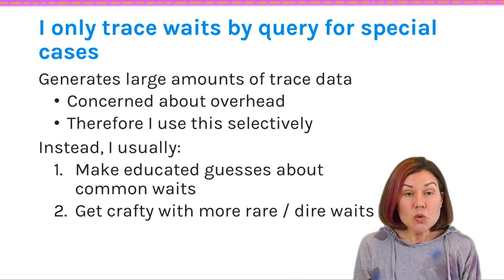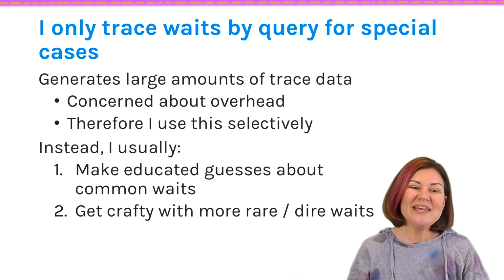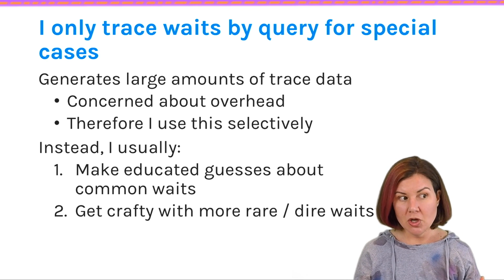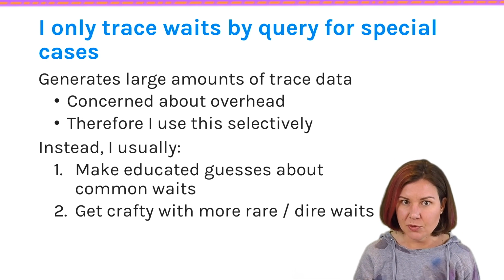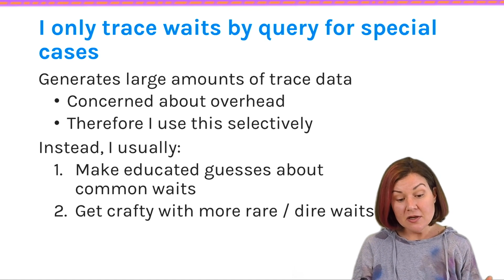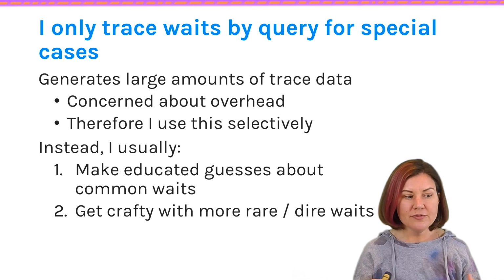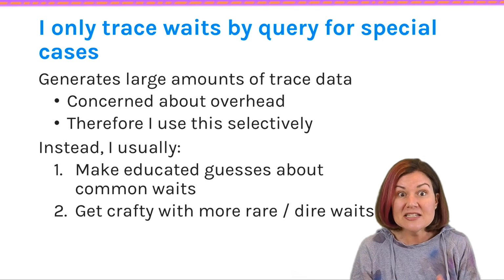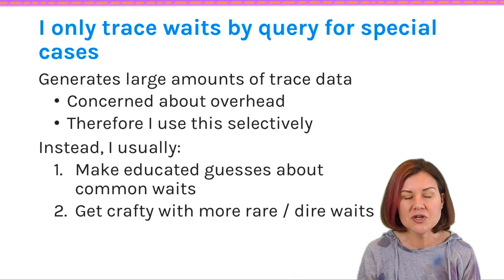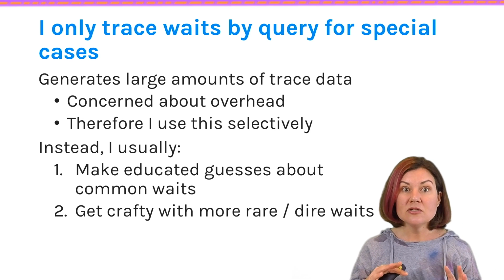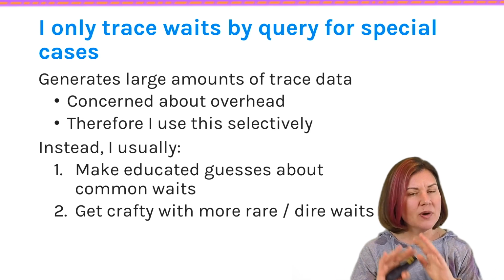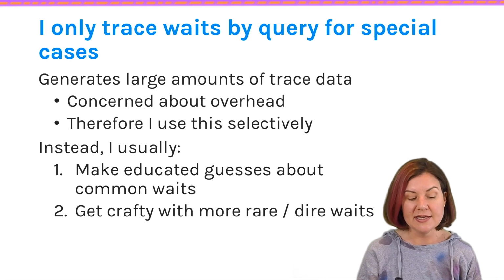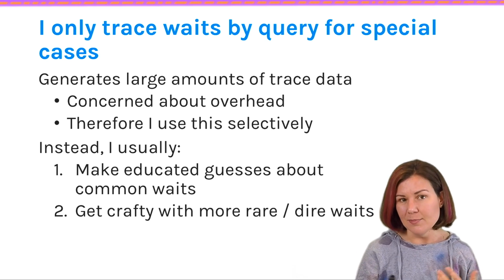So while you can trace waits, because it generates so much trace data, you have to be careful not to impact performance of the system that you're tracing. Plus, when you have that big volume of trace data, going through it and querying it and analyzing it is cumbersome and time consuming. It's not super fast. So I use tracing of waits by query very selectively, and I'll usually try to look for a shortcut because it is time consuming and can impact performance.